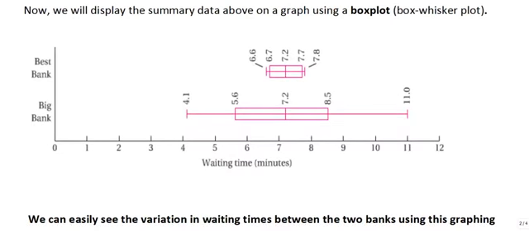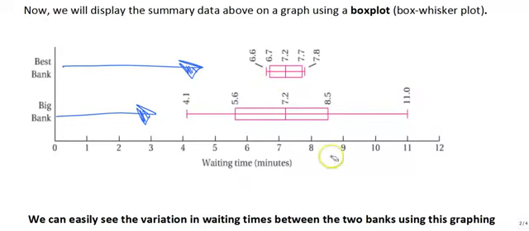Now we actually put them on the same axis so you could compare. Normally these are done separately, but just to conserve space, we have the box and whisker plot for Big Bank and the box and whisker for Best Bank. And all we did was take those 5 numbers, 1, 2, 3, 4, 5, those 5 values, and plotted them on the number line.